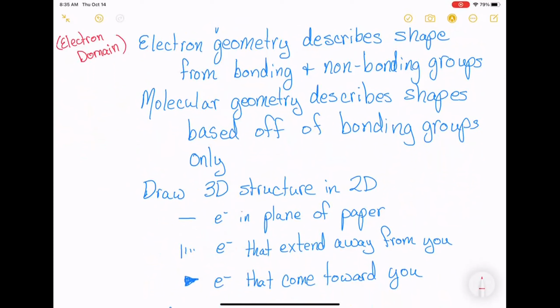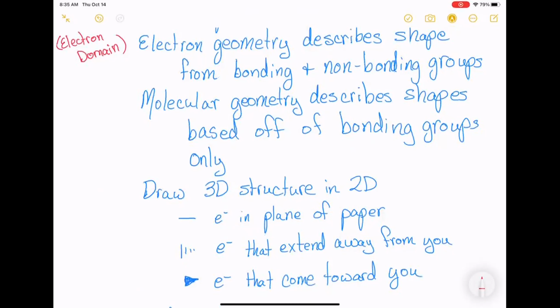And this notation is listed, I don't know if it's the next to last page or the last page of the document that has VSEPR theory, Lewis dot structure, stuff of that nature.